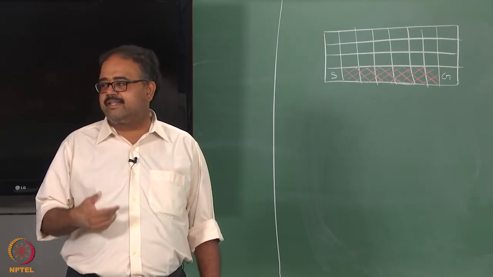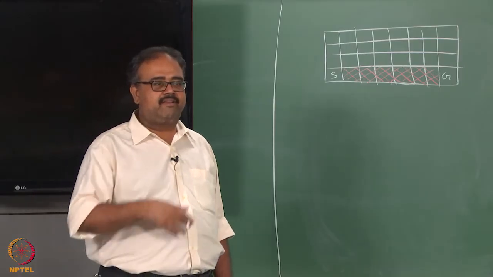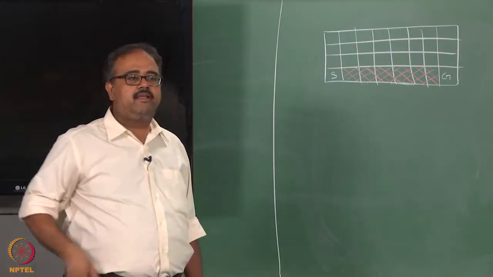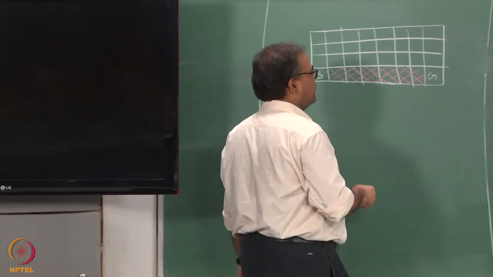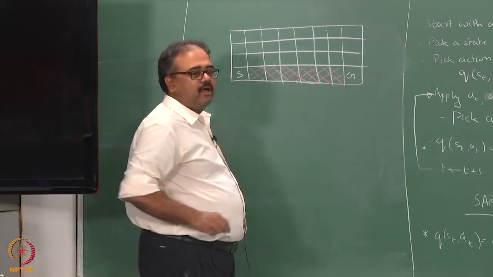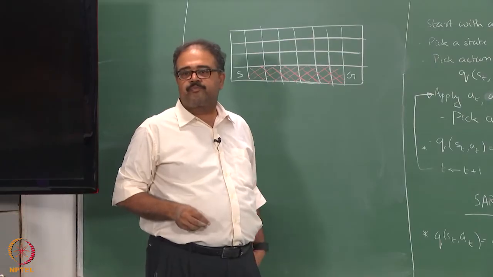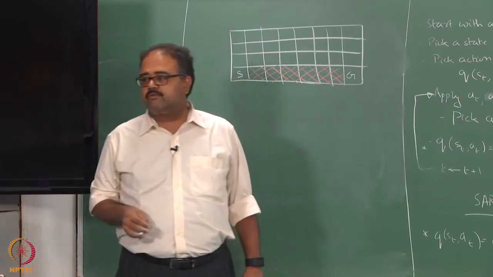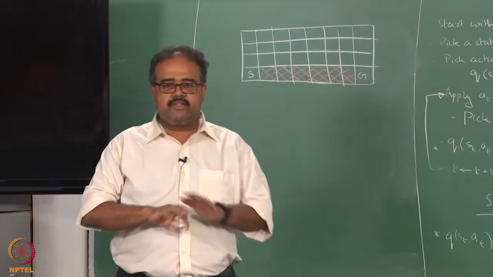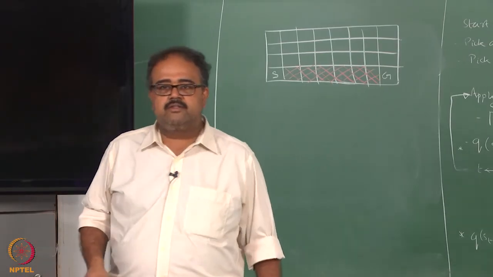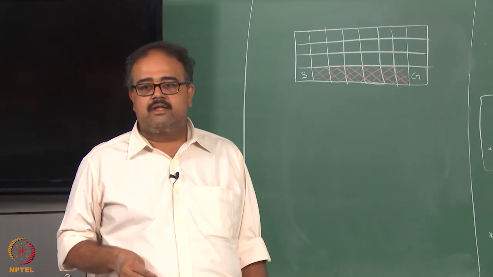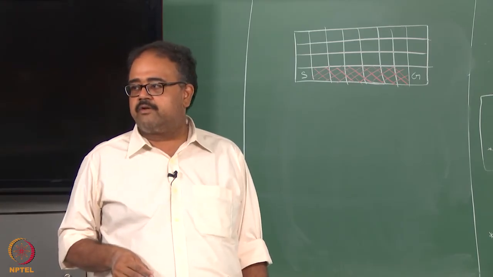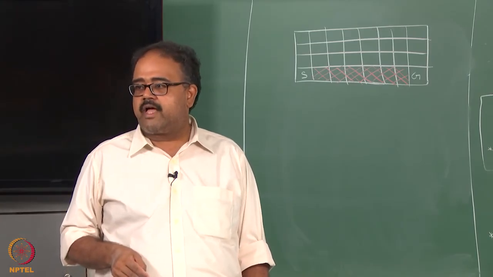Basically the episode will end, the agent will get a reward of -100 and go back to the beginning. You start all over again, you reincarnate. Otherwise you get a reward of -1 for every time step that you move. Everything is deterministic. You have to try to get from the start to the goal as quickly as possible.